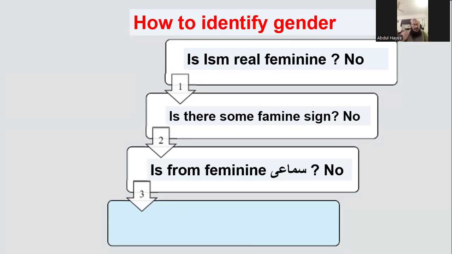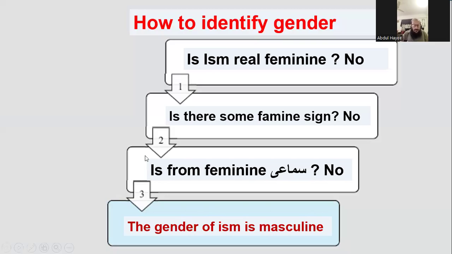Is it in the list of those which the native speakers say is feminine? If your answer is no, then surely it is a masculine ism. To prove a feminine, we have to pass through these three questions or three stages. If the answer is no, no, no, it's sure that the noun is masculine.